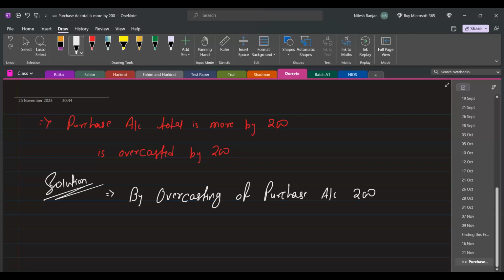Okay, sir. But only when it is overcast? No, in every one of these types of errors, you just have to put a single line. You don't have to do any calculation in every single-sided error, one-sided error.